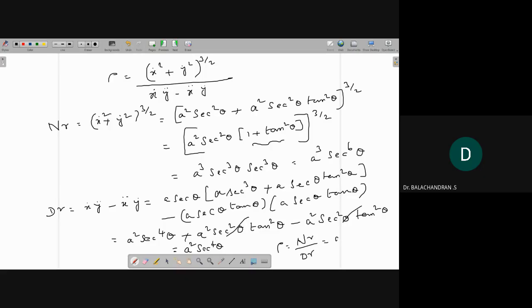Numerator is a cube into secant power 6 theta divided by a square into secant power 4 theta. The final answer is a into secant square theta.